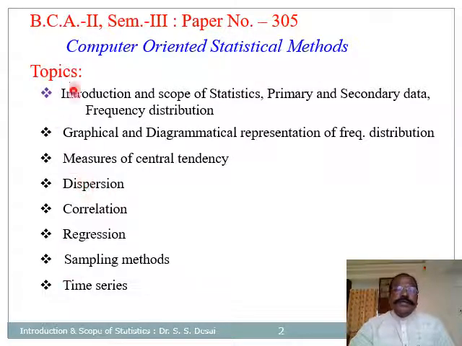So these are the topics: Introduction and Scope of Statistics, Primary and Secondary Data, Frequency Distribution, Graphical and Diagrammatical Representation of Frequency Distribution, Measures of Central Tendency, Dispersion, Correlation, Regression, Sampling Methods, and Time Series. So out of these, I will teach you some of the topics.